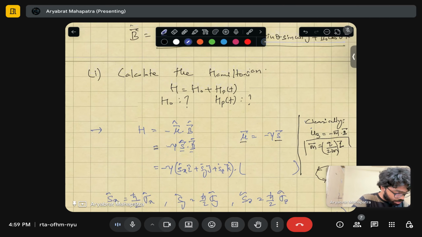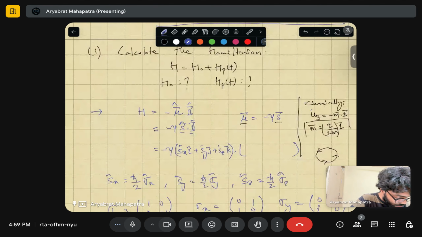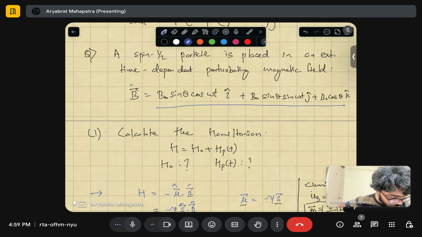When you take the dot product, these are your operators Sx, Sy, and also the magnetic field, when you take this as an operator, is B naught sin theta cos omega t multiplied with identity matrix, and B naught sin theta sin omega t multiplied with identity matrix.